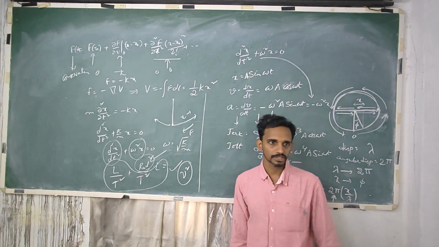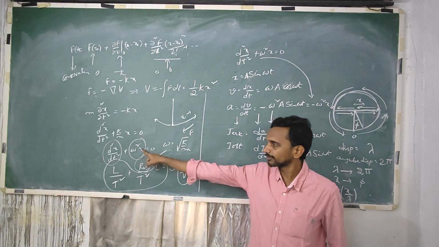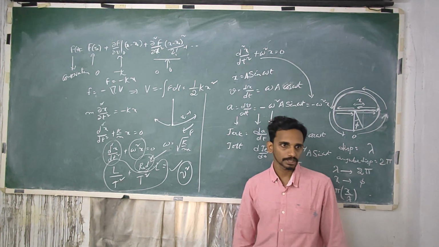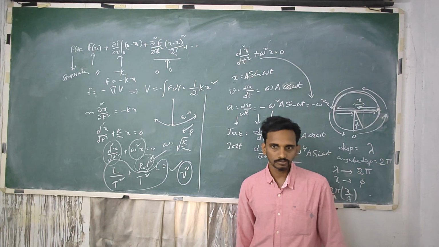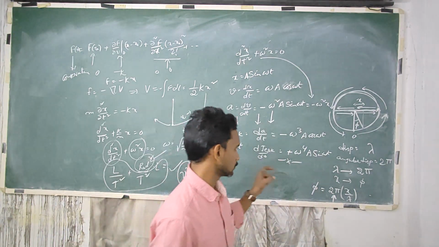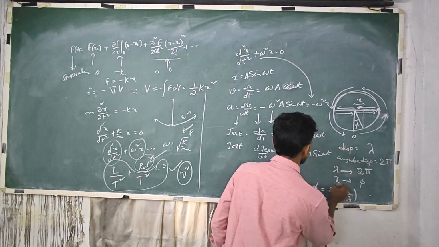We have to write nu square here. Instead of nu square, we are writing omega square. So we are introducing a factor of 2 pi by hand. The 2 pi factor is coming just to represent the periodicity in the system.